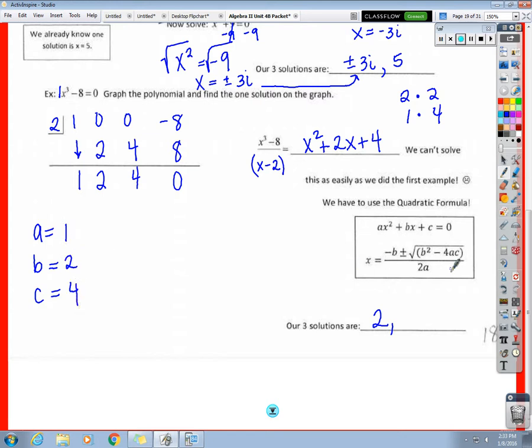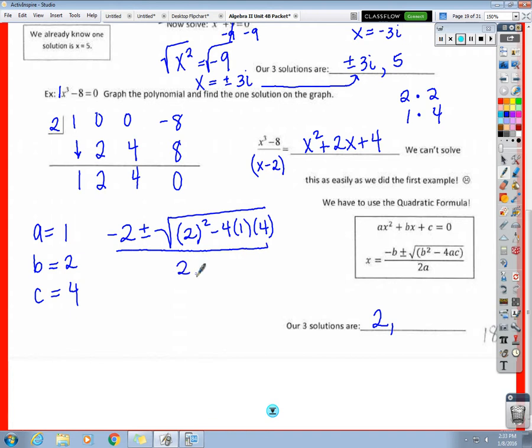Okay, so the formula's right over here, so tell me what to write. Negative 2 plus minus the whole square root, parentheses 2 squared minus 4 times 1 times 4, over 2 multiplied by 1, which is just 2. There's no reason to write 2 times 1, it's just 2.